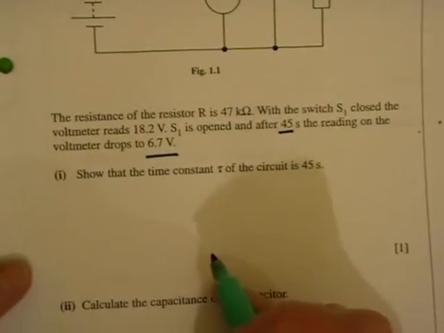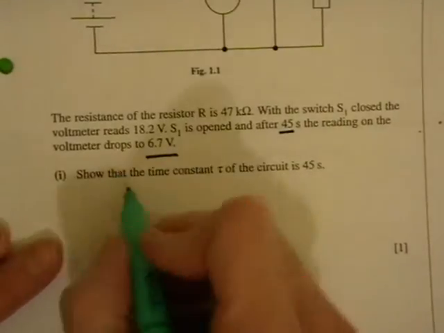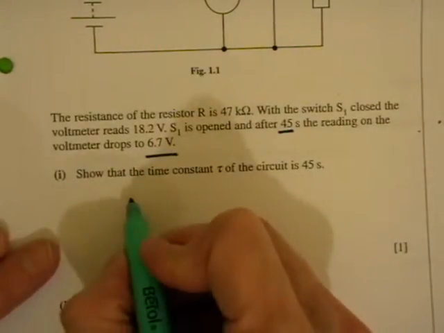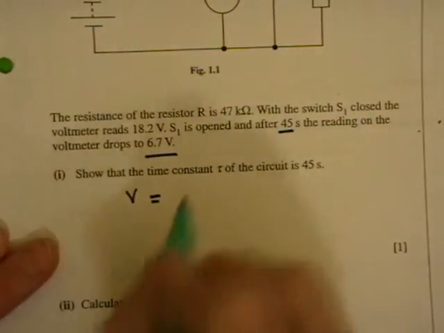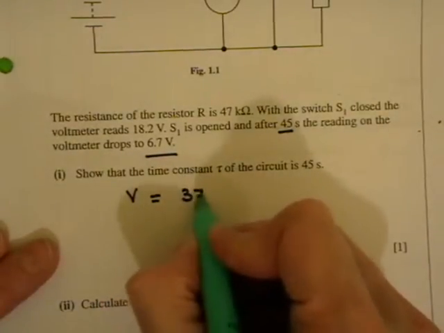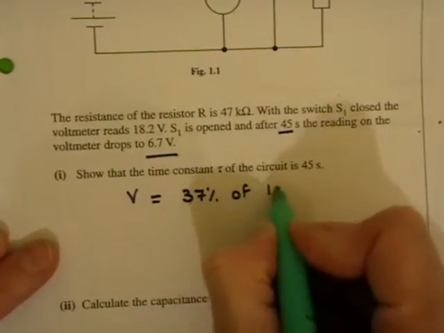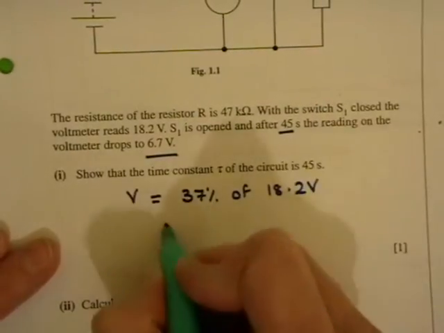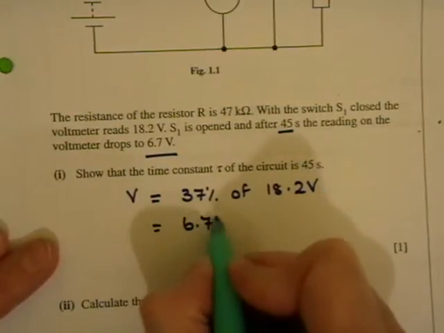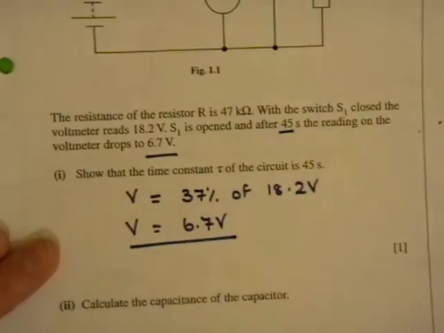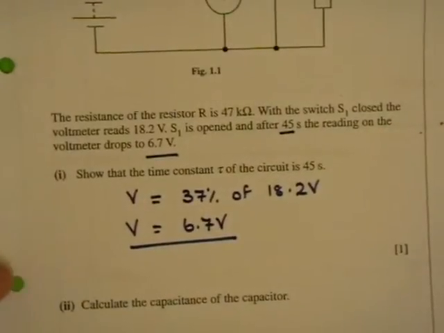So we're just going to check what 37% of 18.2 would be, and when you do that it comes out as 6.7 volts, as we would hope. So that's just proving. It's only worth 1 mark, and that's all that you're proving.